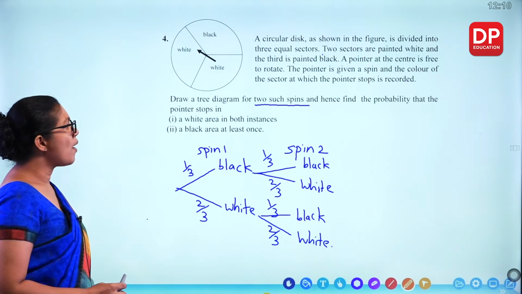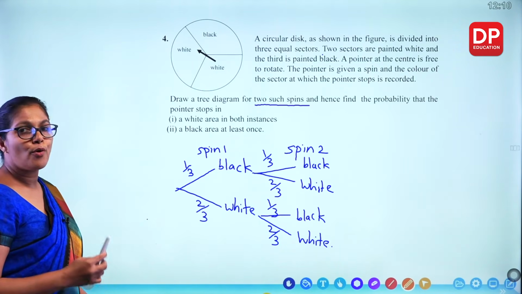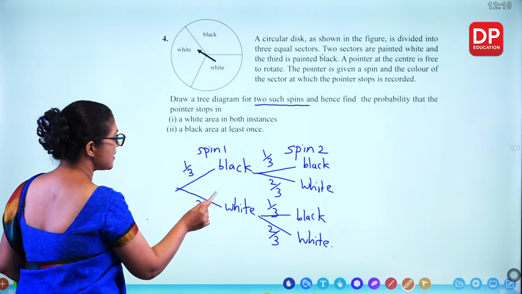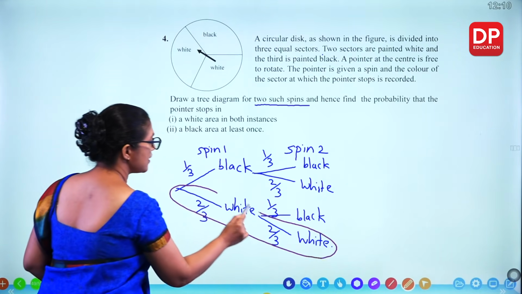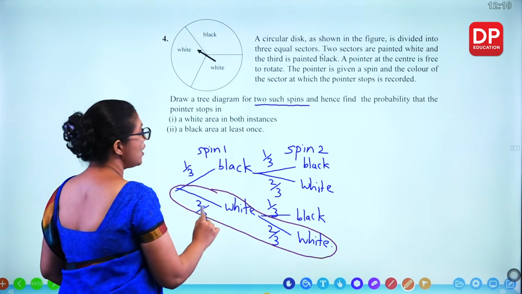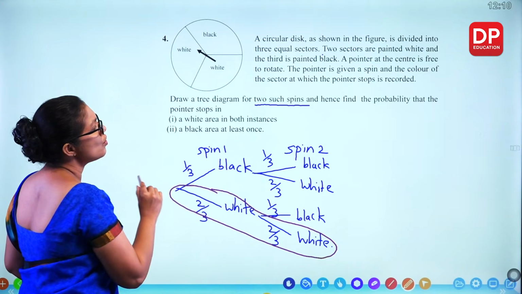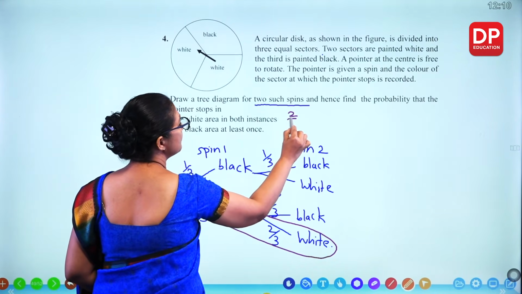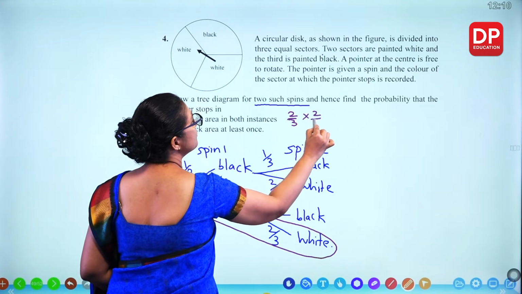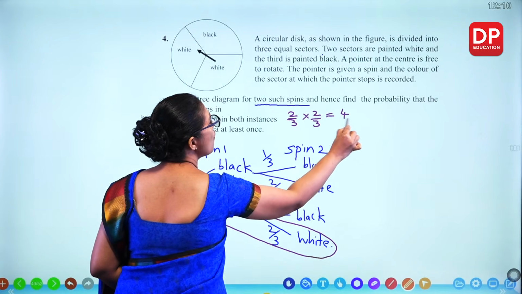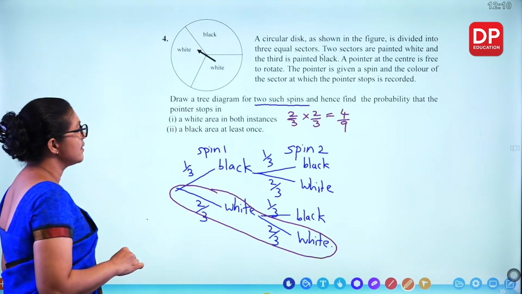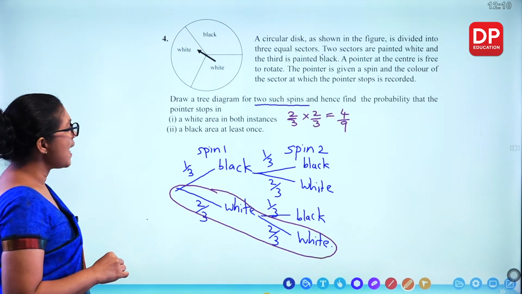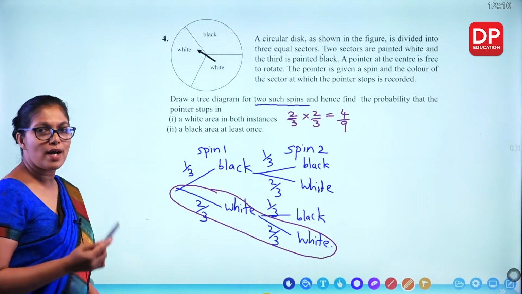First part, a white area in both instances. That means white and white. We can multiply 2/3 times 2/3, which is 4 over 9.